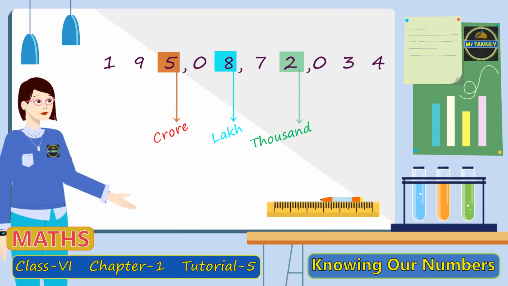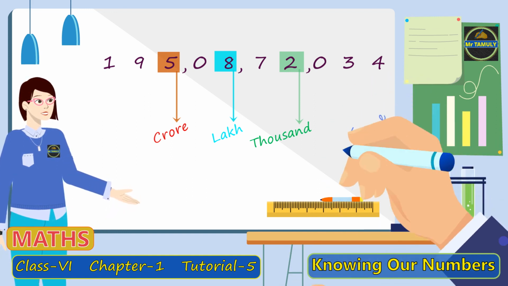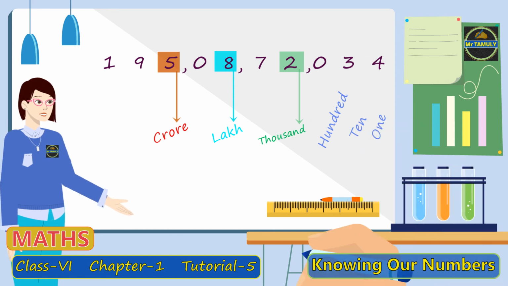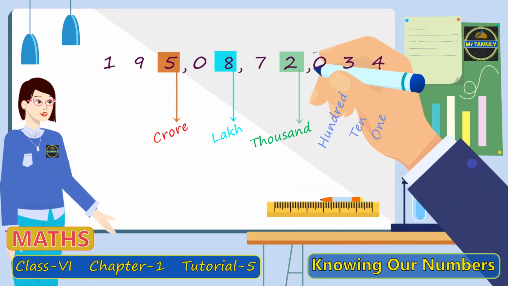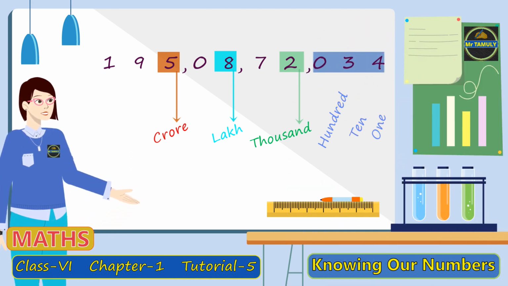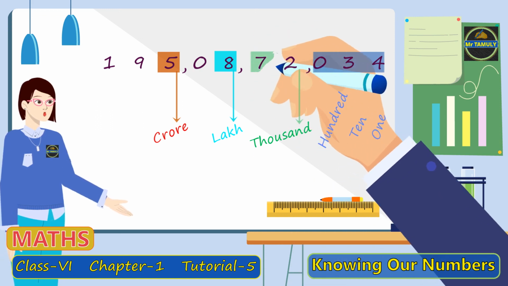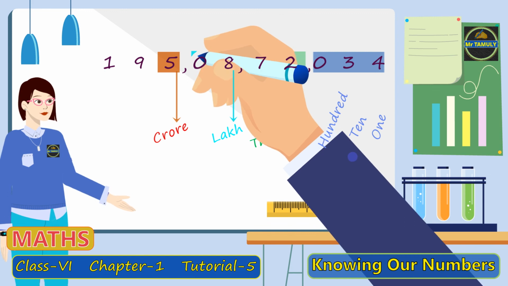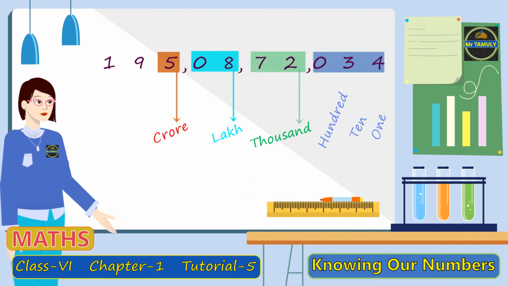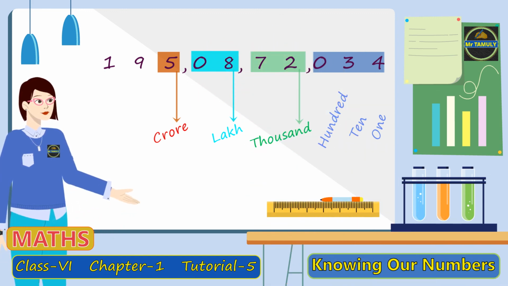While using the Indian format of naming numbers, you should remember the sequence 1, 10, 100, 1000, lakh, and crore. You should also keenly observe the fact that the first comma appears after the first 3 digits. The next comma appears after the next 2 digits. And after the next set of 2 digits, the last comma appears.